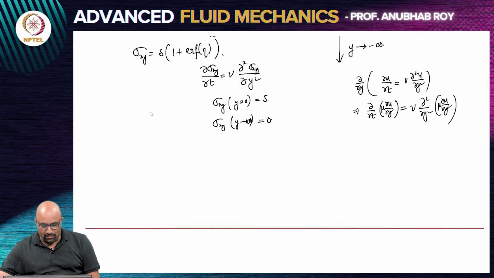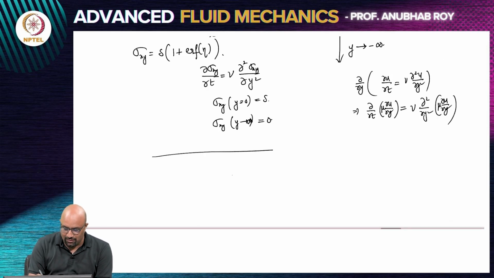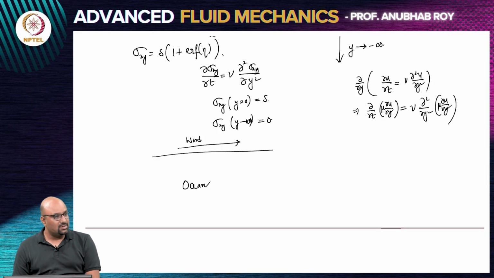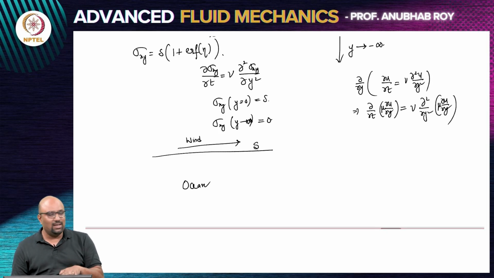This problem is of interest where you are thinking of this being the ocean, and there is wind that is blowing at the ocean surface. The wind is going to exert a certain stress at the ocean level.